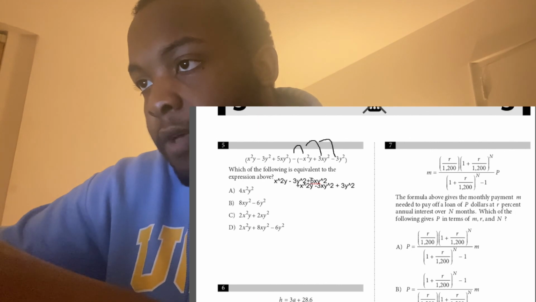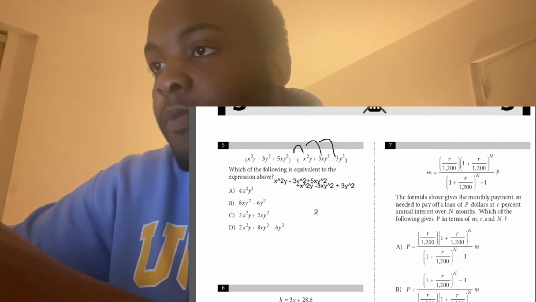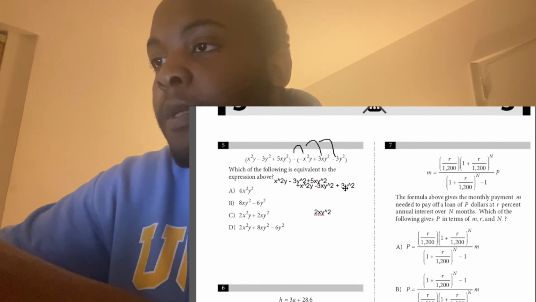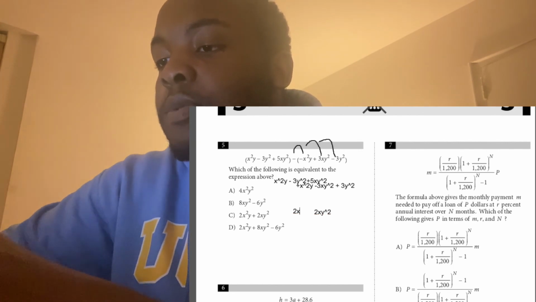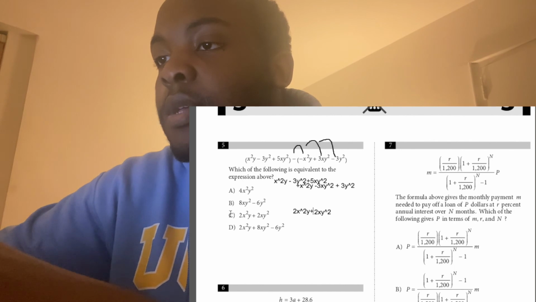Well, 5xy squared and negative 3xy squared are like terms. So that's going to give you 2xy squared. 3y squared minus 3y squared is 0. X squared y plus x squared y is going to give you 2x squared y. So your answer is going to be C.